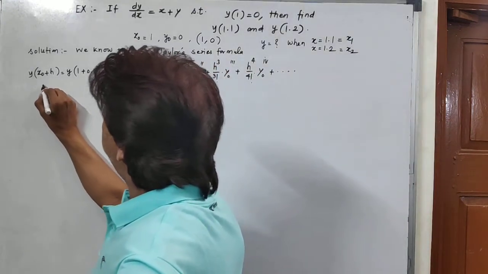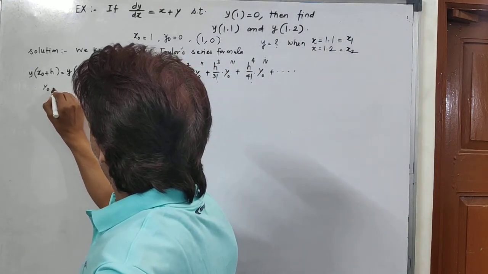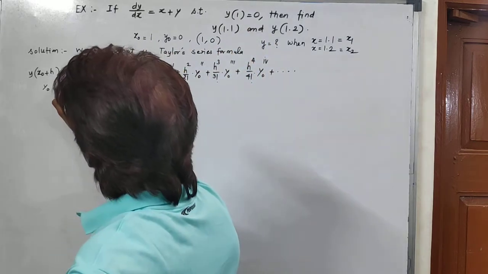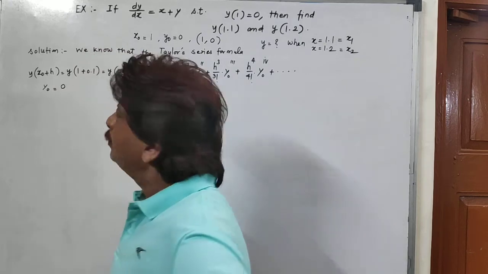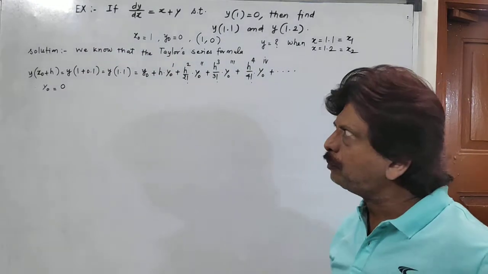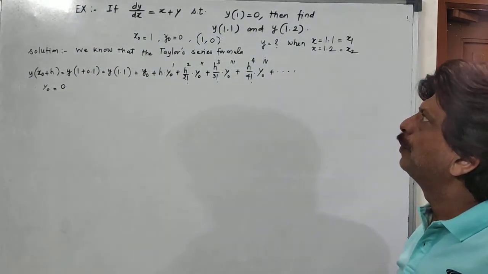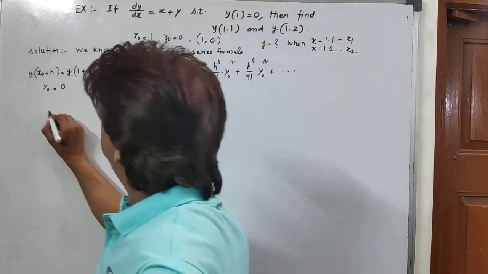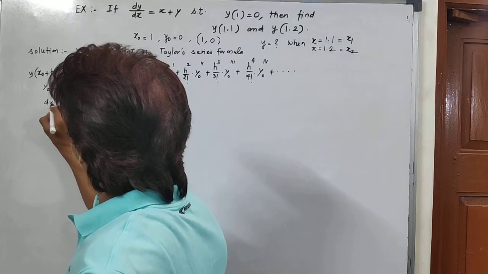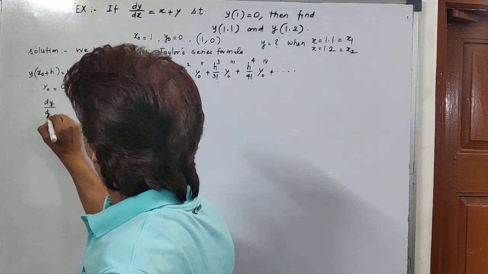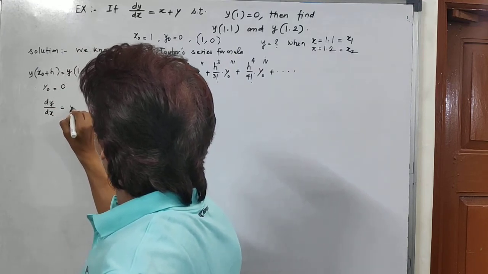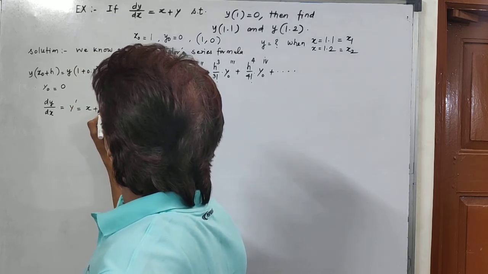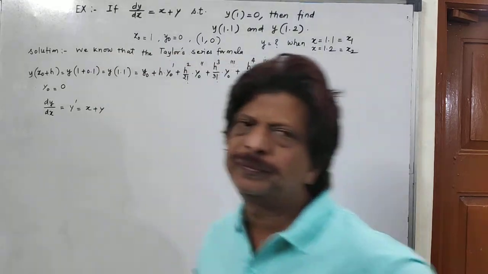What is y0? y0 is 0. What is y dash? dy by dx means y dash, from the given differential equation. Y dash is equal to x plus y, the first derivative.